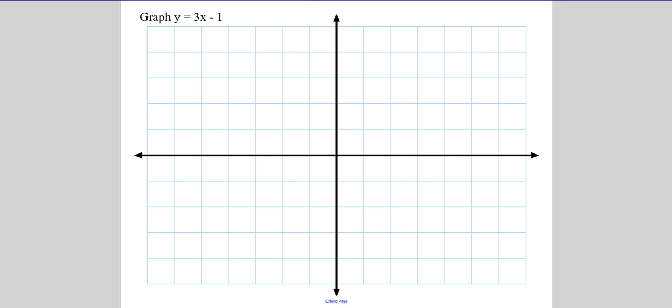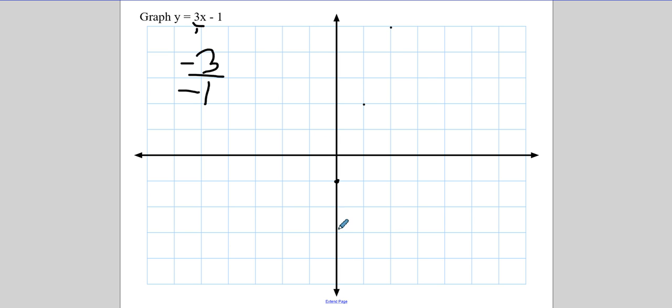So we can put a point at -1, and then we go up 1, 2, 3 over 1, up 1, 2, 3 over 1. And we can also go -3 over -1, right? A negative divided by a negative is a positive. So then we still get that 3 over 1 that we had up here.